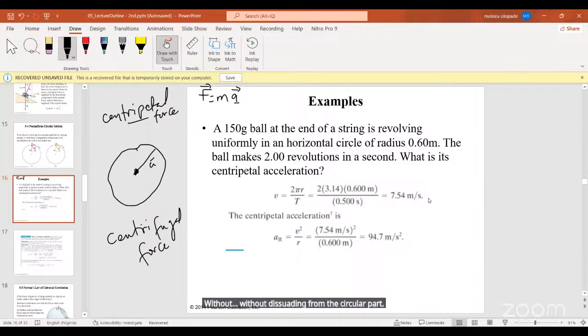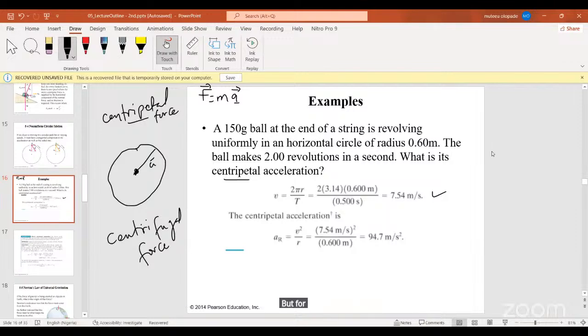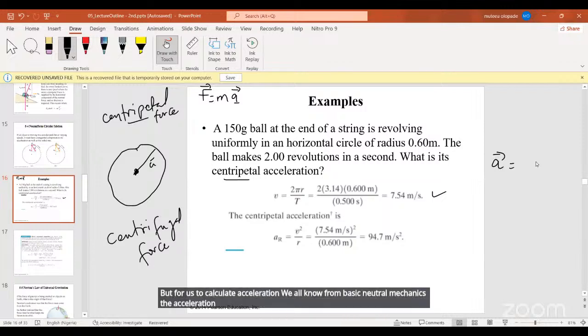Now, if you look at the solution we have here, we were asked to calculate the centripetal acceleration. But for us to calculate acceleration, we all know from basic Newtonian mechanics that acceleration is equal to what?